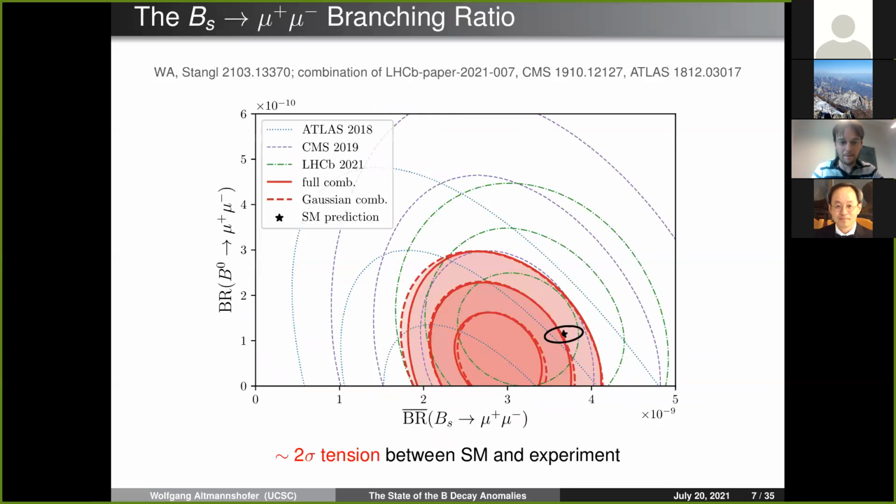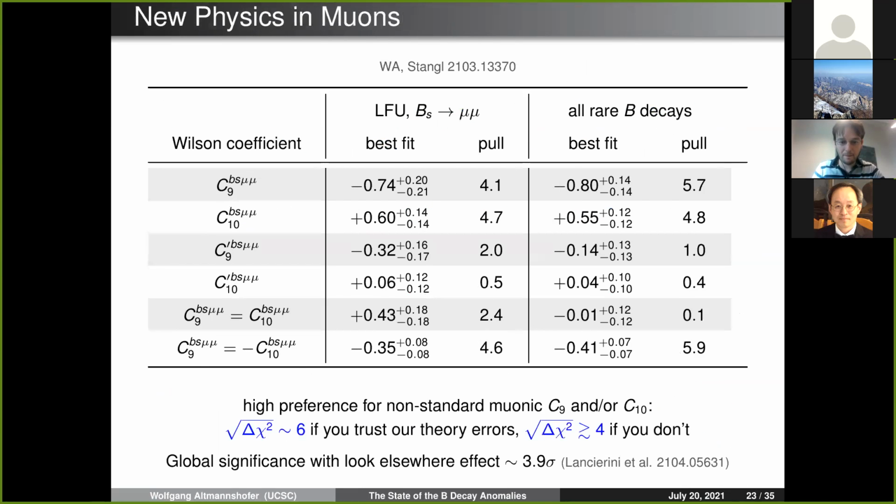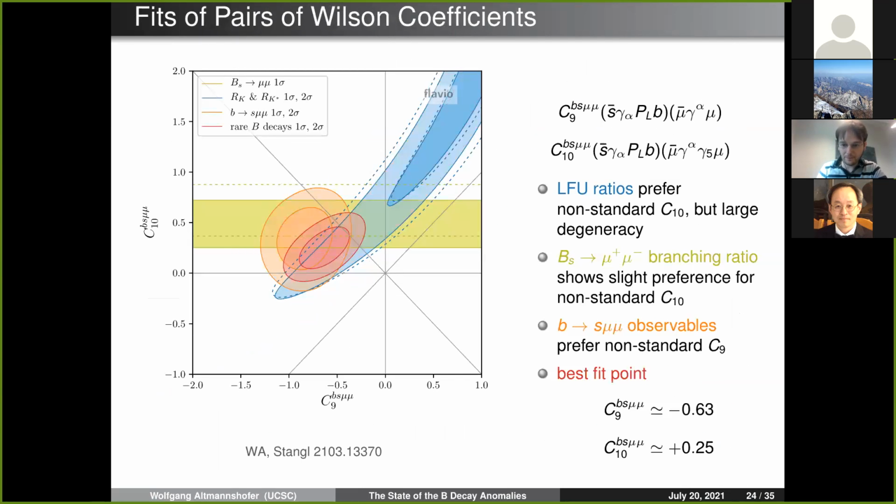And then my impression is that somehow this sky blue region and the orange region do not overlap very well. Yeah. Well, maybe at 2 sigma level it should be okay, but true.